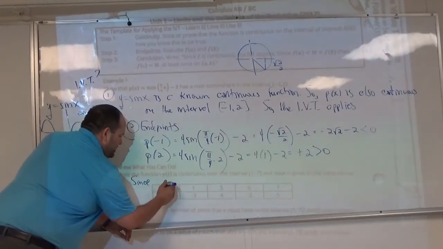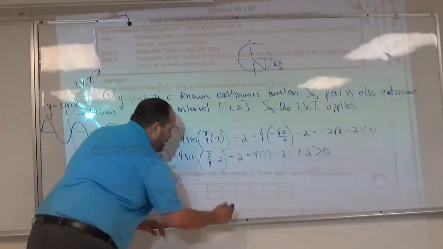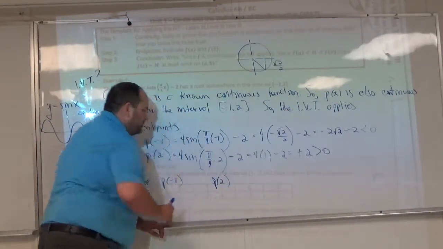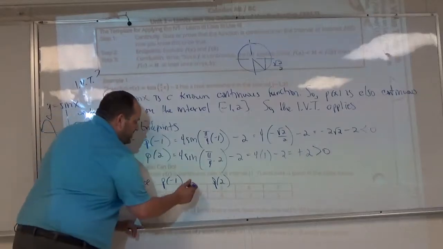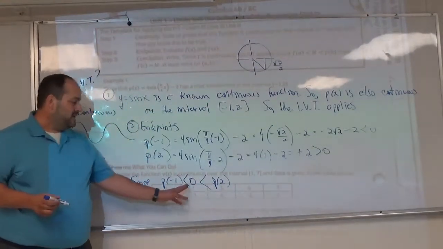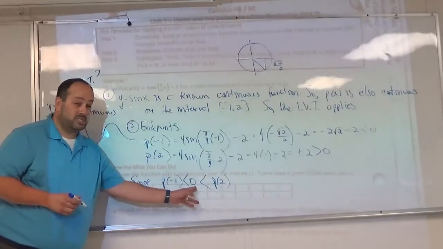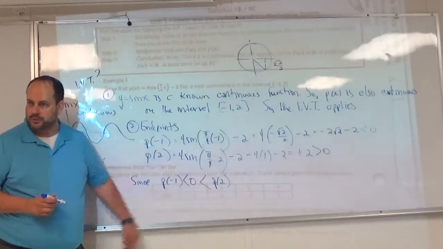Since, talk to me about the endpoints. P of -1 and P of 2. What we're comparing it to is the number 0. I need a root here. P of -1 is less than 0, and 0 is less than P of 2. What you just said here is, hey, 0 is in between these numbers.